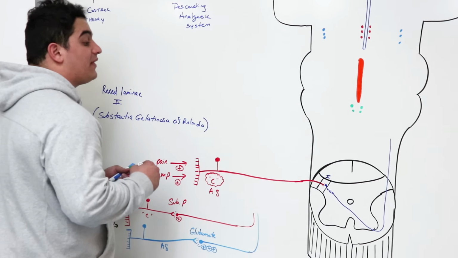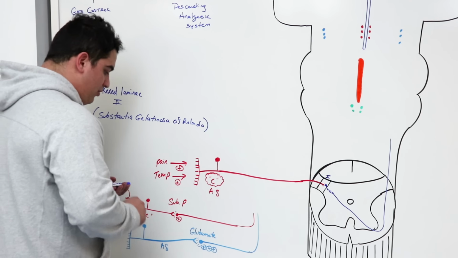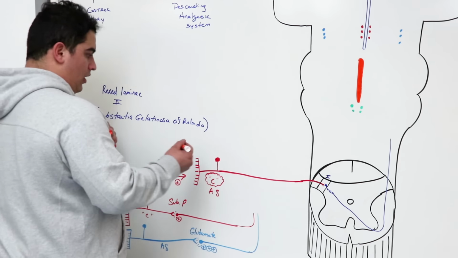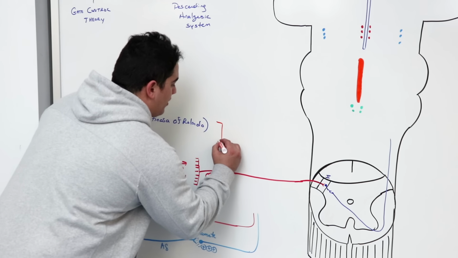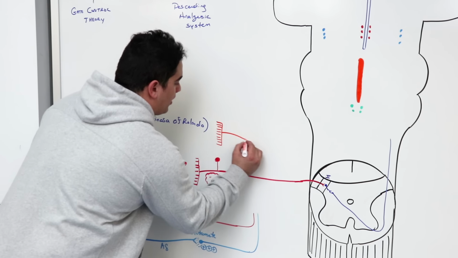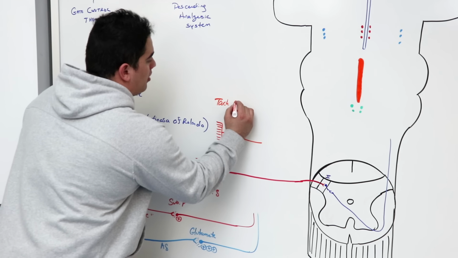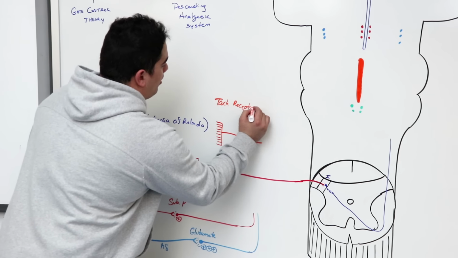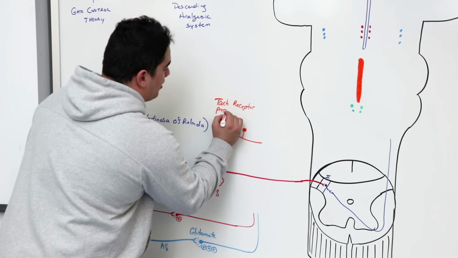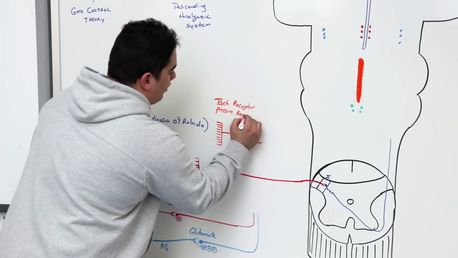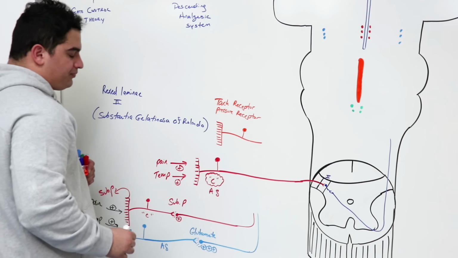I'm going to activate a bunch of different touch receptors. Let's do these in orange. So here are going to be some touch receptors, let's say some type of touch receptor or a pressure receptor, whatever, something like this.